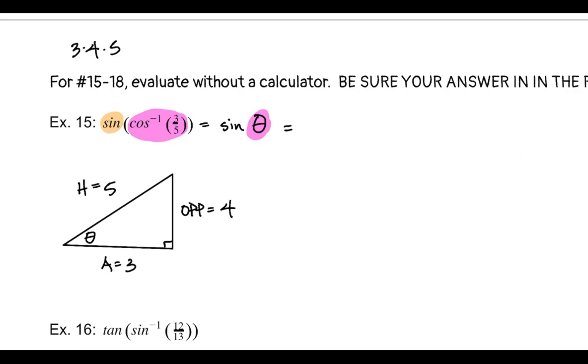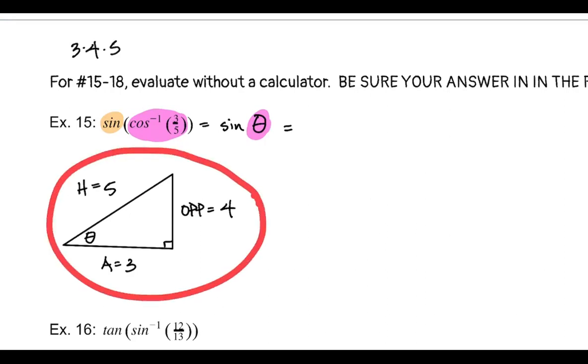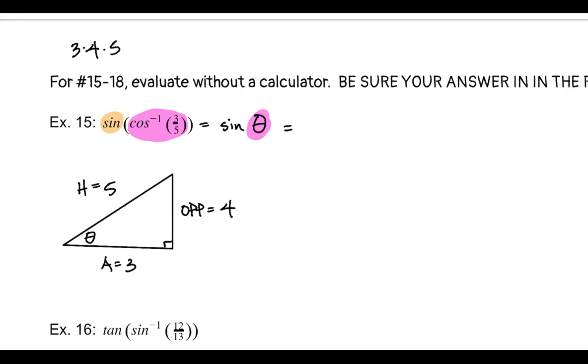It is not pi over 6. It's not pi over 6. I argue that you can actually answer the question just by looking at this. Matthew, how'd you get that? 4 over 5. Exactly.